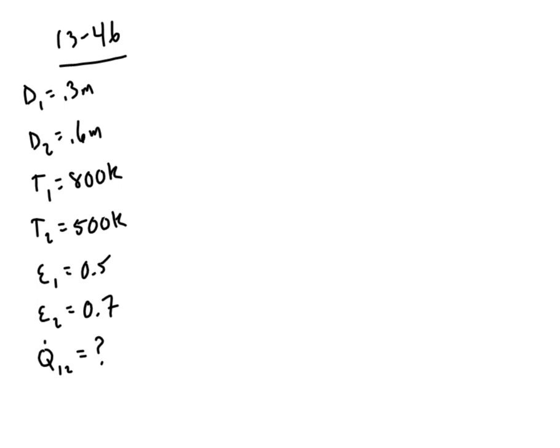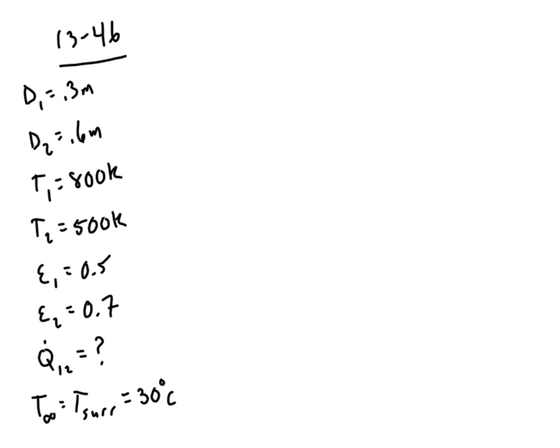And it says also determine the convection heat transfer coefficient at the outer surface if both the surrounding medium and the surrounding surfaces are at 30 degrees. So now we know that T infinity, or T of the surroundings, is equal to 30 degrees C.